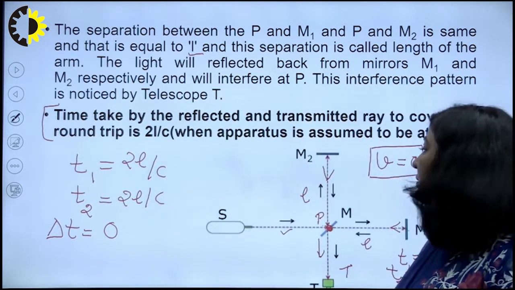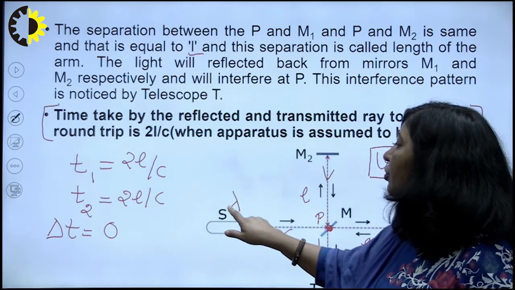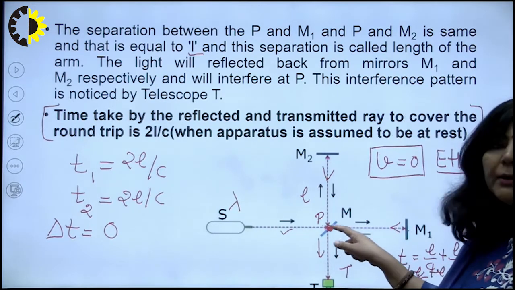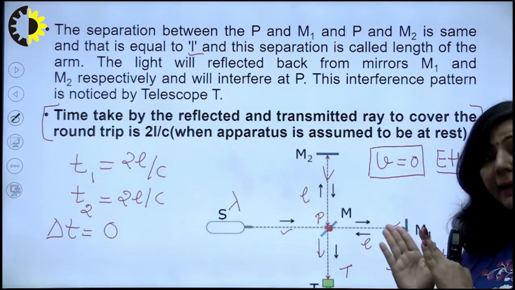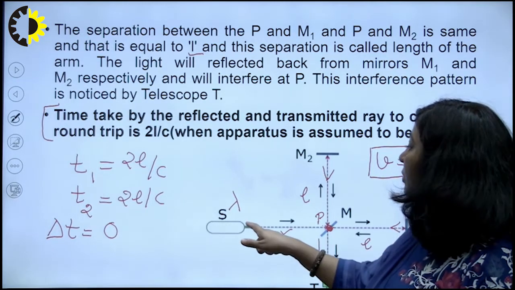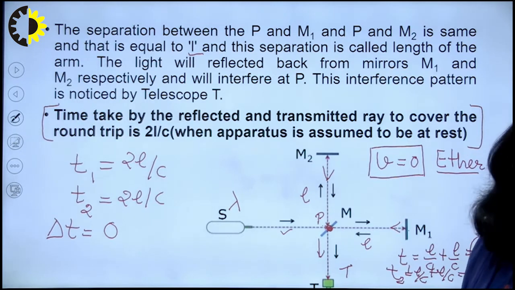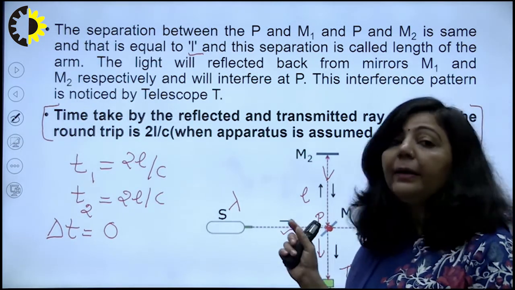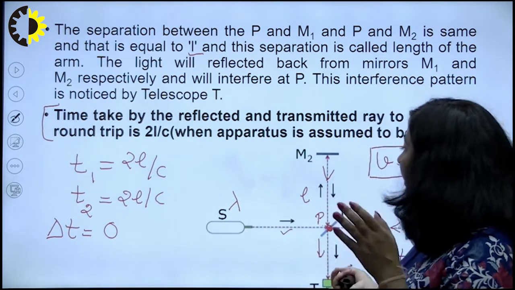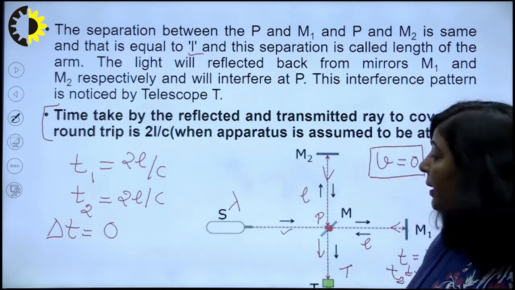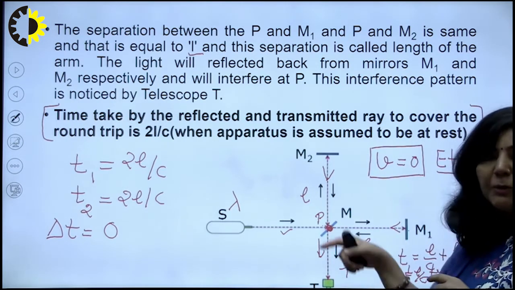A monochromatic source of light; a beam splitter, which is a glass plate inclined at an angle of 45 degrees to the direction of incidence of light; two mirrors, M1 and M2, with their front surfaces highly reflecting, both kept at an equal distance from the glass plate; and a telescope T. This is your experimental setup.